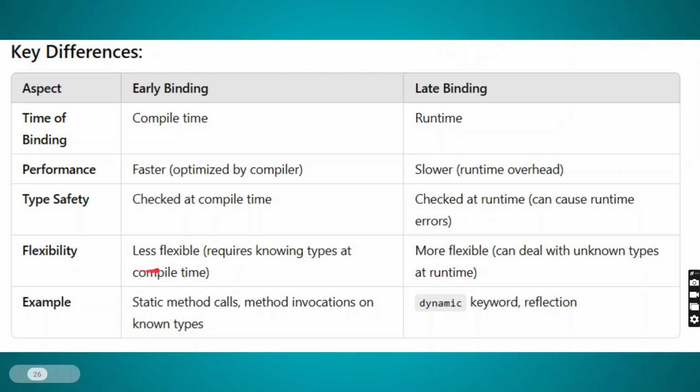Flexibility: less flexible, requires knowing types at compile time, versus more flexible, can deal with unknown types at runtime. Examples: static method calls and invocations on known types, versus the dynamic keyword and reflection.